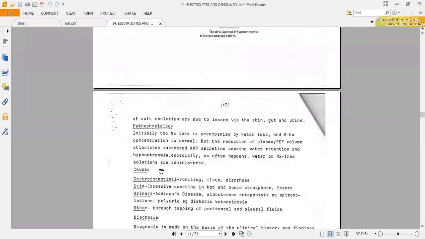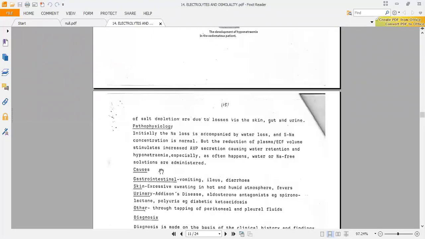Now, if you have a situation where you are not producing aldosterone, like Addison's disease, which is called adrenal insufficiency, you cannot reabsorb the sodium. So when the sodium gets to the collecting ducts or the distal convoluted tubules, it will just pass into the urine. In this case, you lose a lot of sodium.